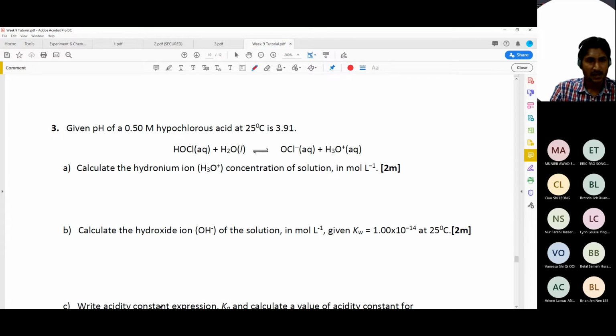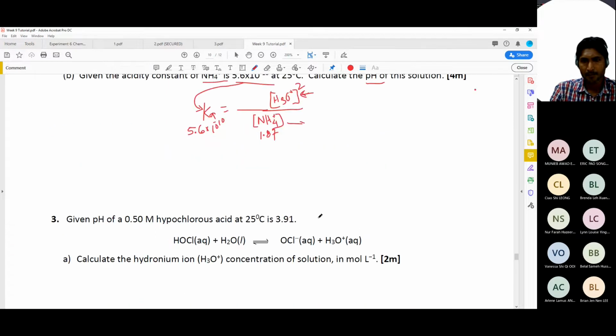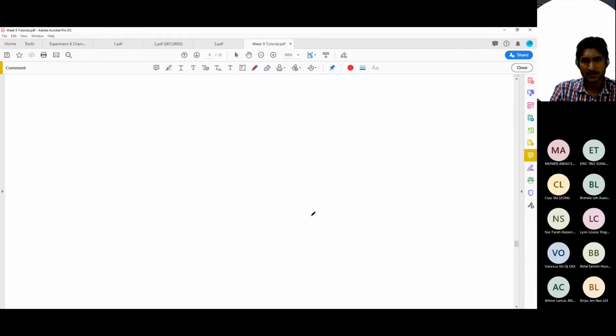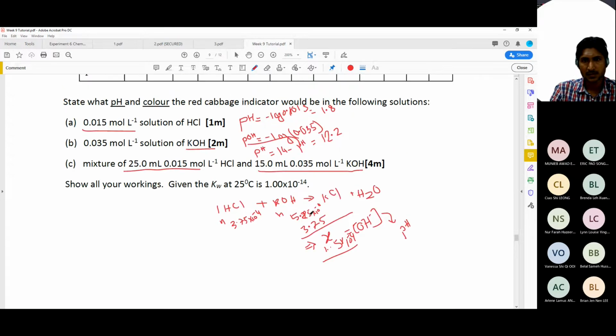Question number 3 says, is it the number of moles? Oh yeah, it's number of moles. That's why I was saying that we have to consider this 25. 25 plus 15, so it is 50 milliliter. We have to consider that to find the concentration.